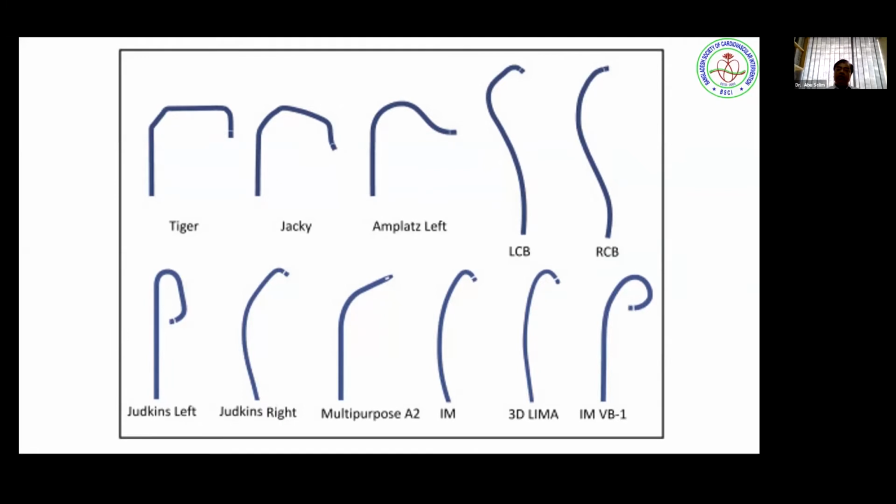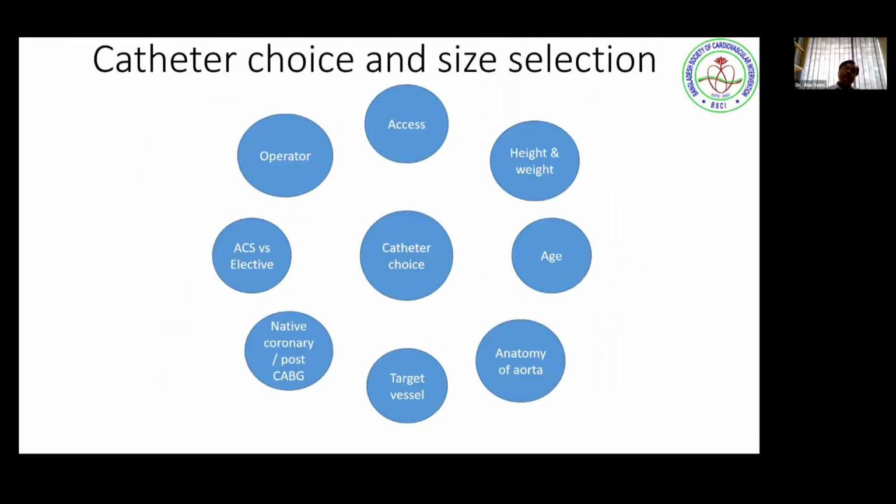For femoral also, our routine practice is Judkins right and left. If we fail to engage the Judkins, then we think of the multi-purpose. But commonly Judkins, then multi-purpose. This is the routine, workhorse type catheter.